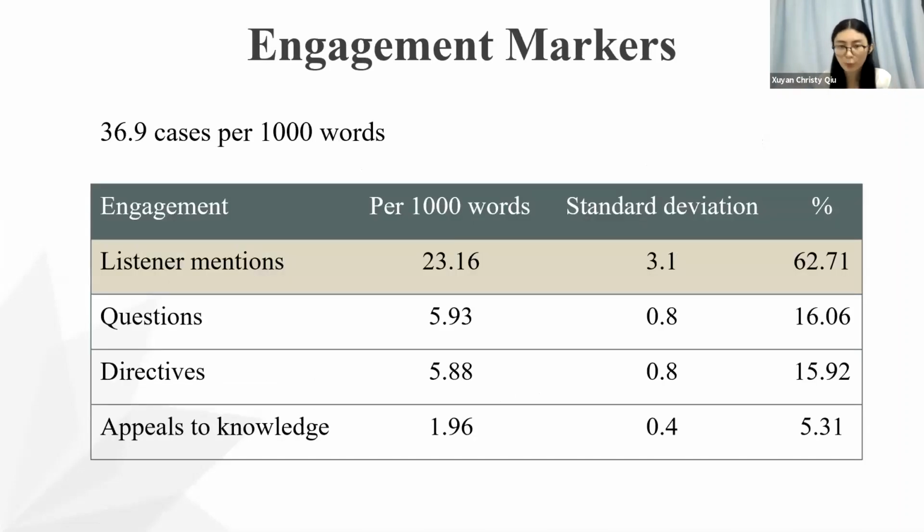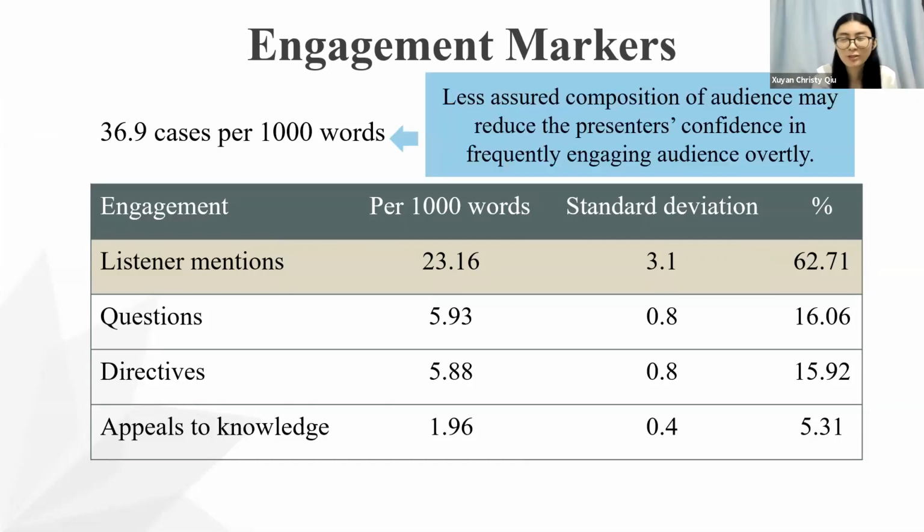Then what about engagement markers? On average, there are around 36.9 cases of engagement markers per 1,000 words, which is lower than the use of the stance markers in 3MT presentations. And here is our observation.